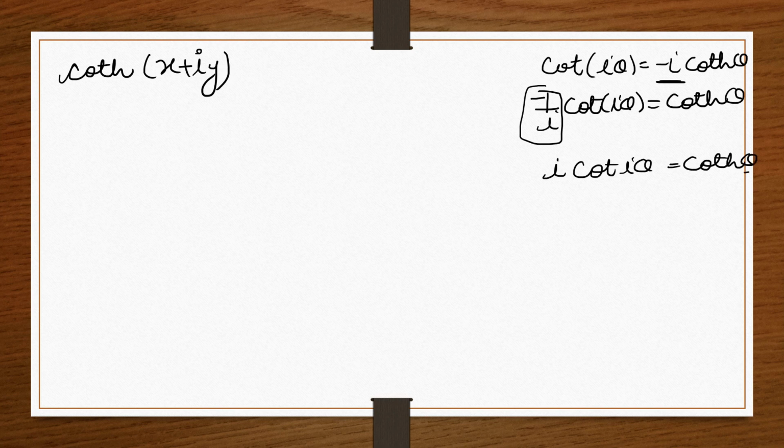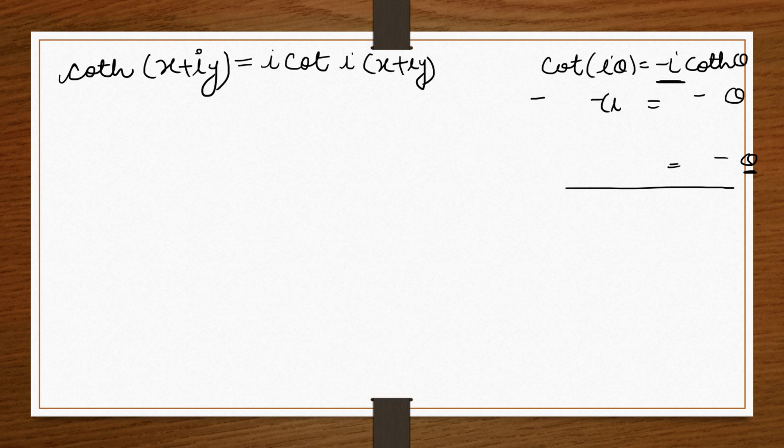Now, whatever you have put inside the hyperbolic function, just multiply it with iota, along with this iota. So we'll do this here. This will be equal to iota, cot, the simple circular function, of iota into x plus iota y. Now let me erase this.